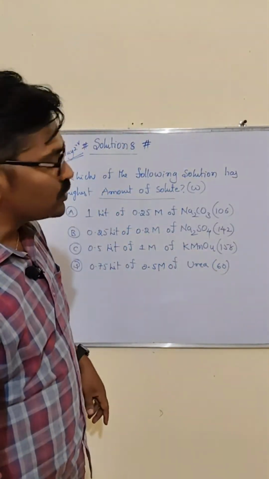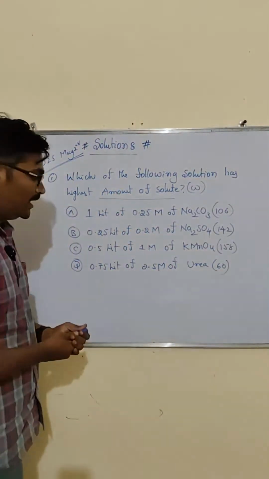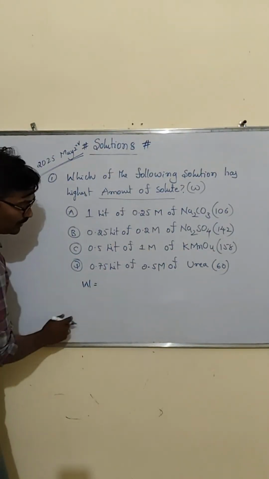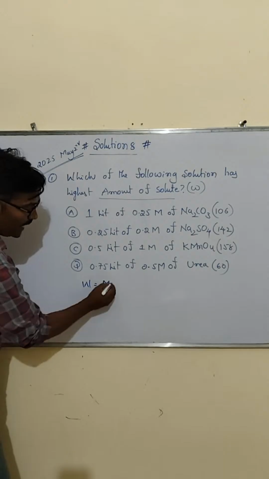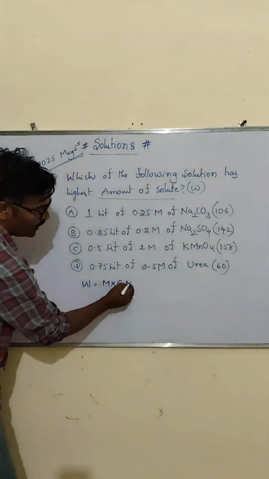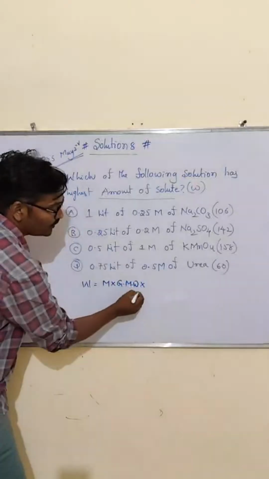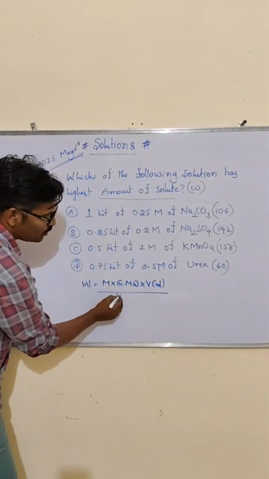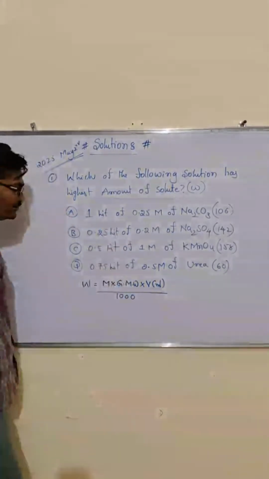To find out which has the highest amount of solute, I told you the weight formula: weight is equal to molarity into gram molecular weight into volume in milliliters divided by 1000. This is the formula.